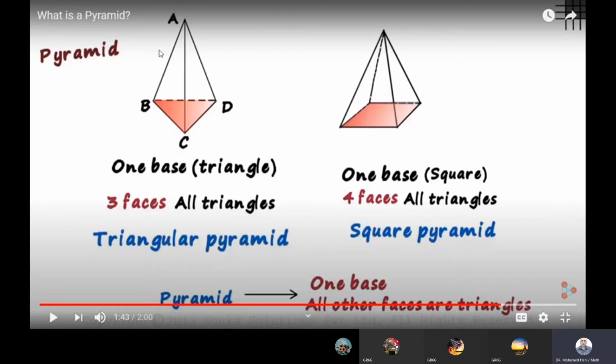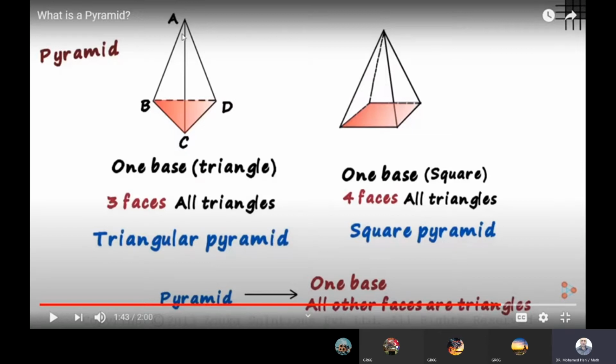As you see here, this is the meaning of the pyramid. Look to the base. Here, in the red shaded area, we have the base triangle. When you have the base triangle, the name of the pyramid will be triangular pyramid, because the base is a triangle.